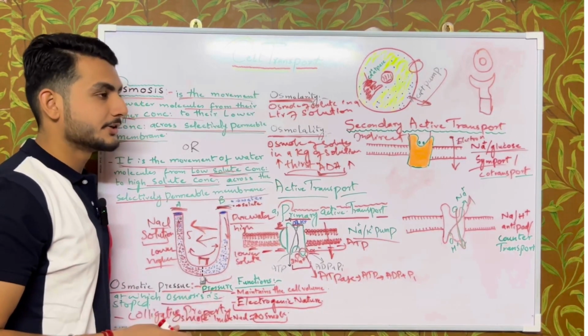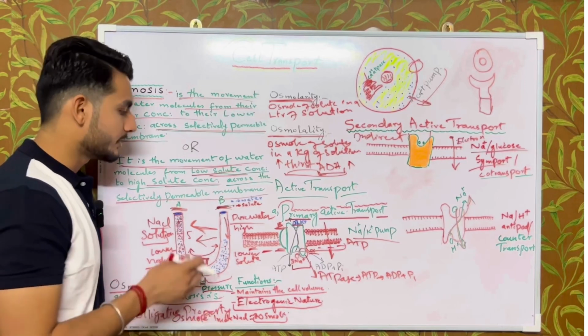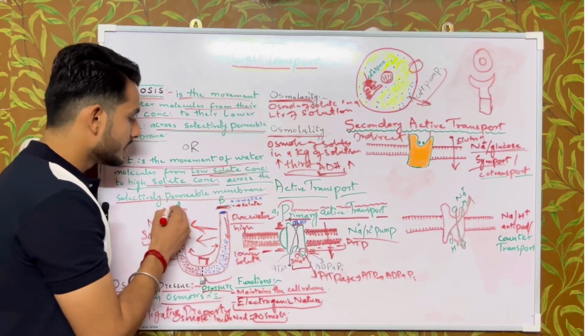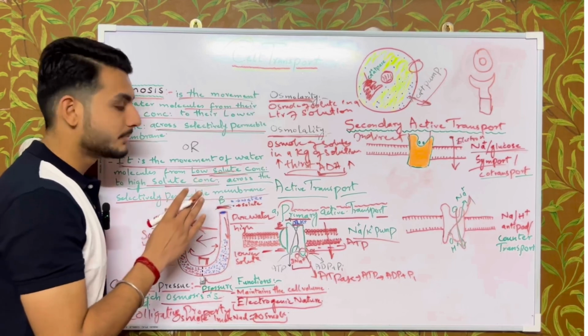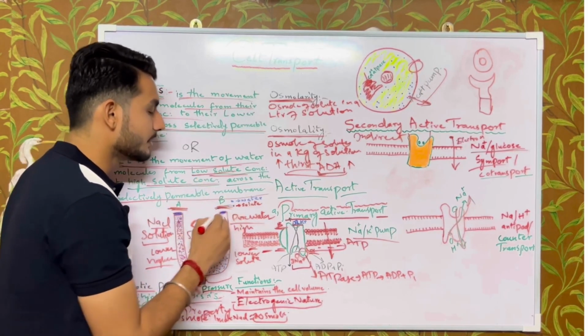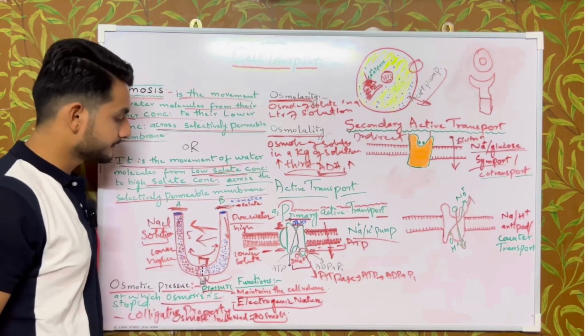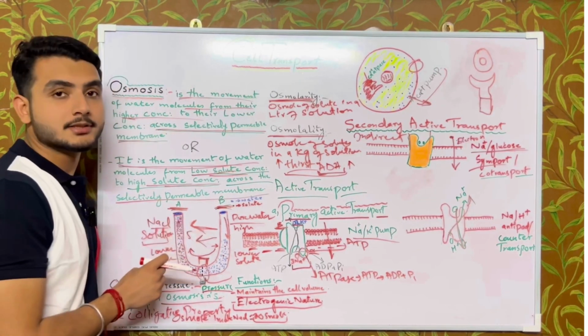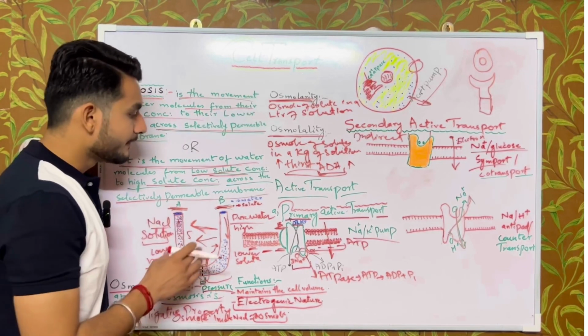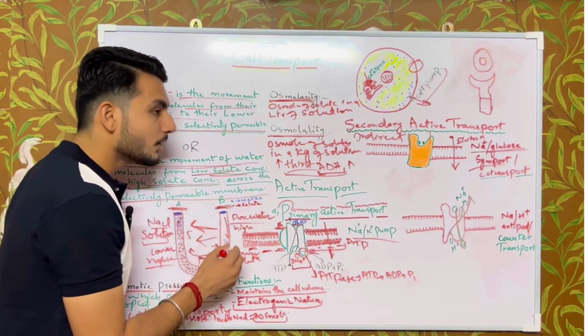So how does it occur? Let's learn it through the diagram. We have got a diagram. It has got two chambers, chamber A and chamber B, which are separated by the selectively permeable membrane. Chamber A is filled with sodium chloride solution, whereas chamber B is filled with pure water.